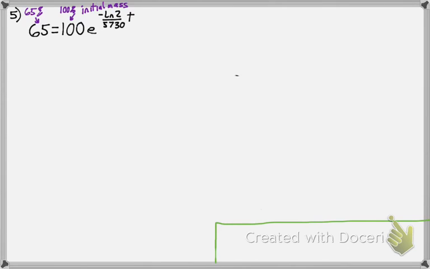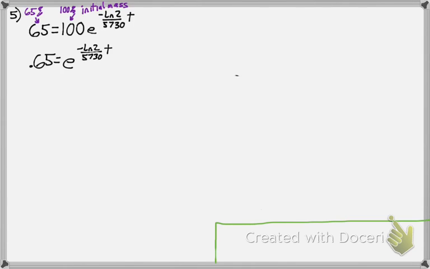Next I want to divide both sides by 100. So I get 0.65 is equal to e to the negative ln of 2 over 5,730 t. Before I go on though, you could start out with this if you wanted to.